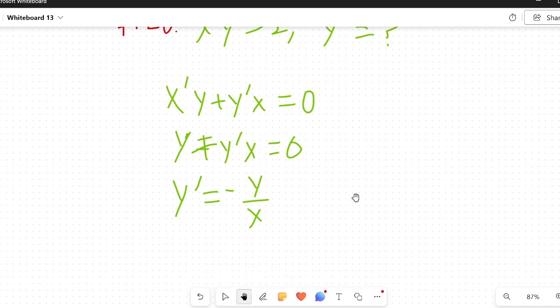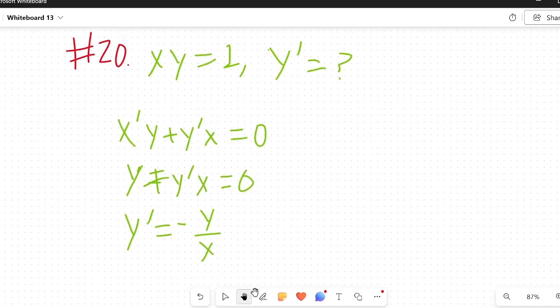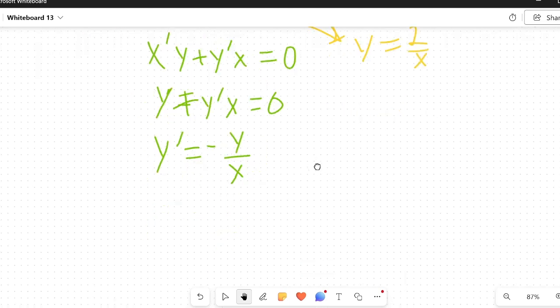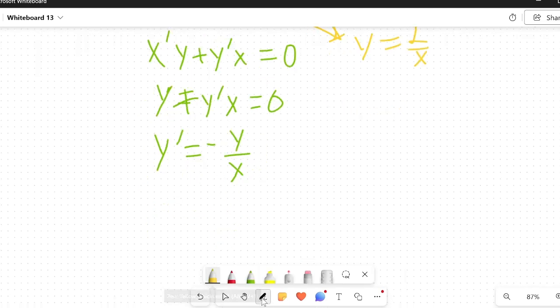This is what y prime is going to be equal to. And then what we'll have to do at this point is solve for y up here. So y is going to be equal to 1 over x. So if we plugged it in here, we would see that y prime equals negative 1 over x squared. And this actually gives us the same solution as if we were to just differentiate this top function.